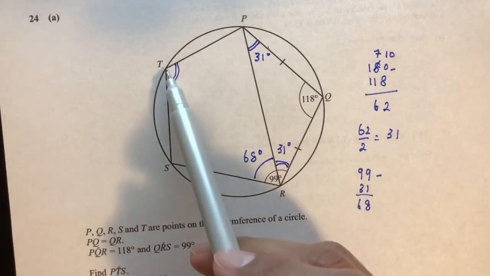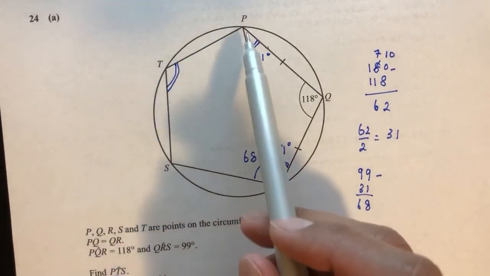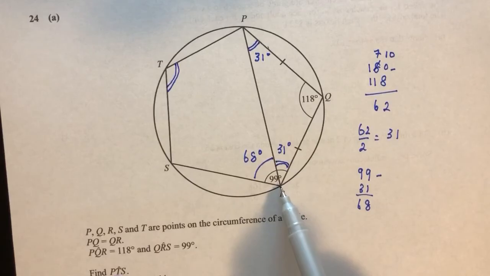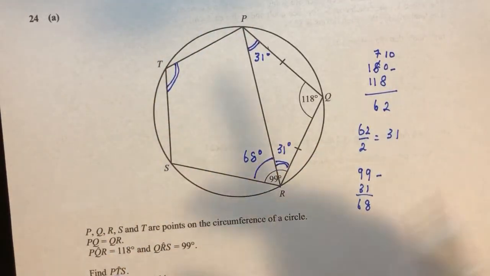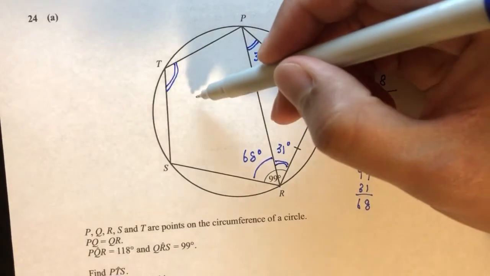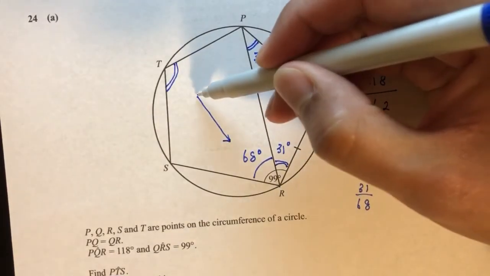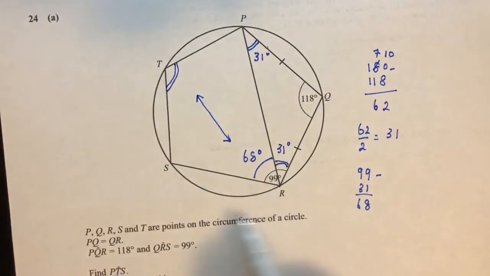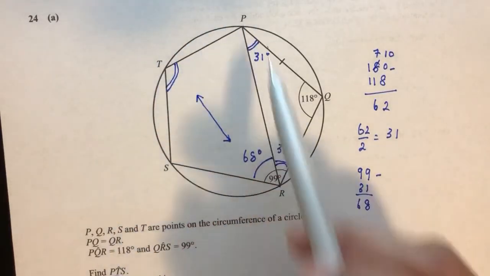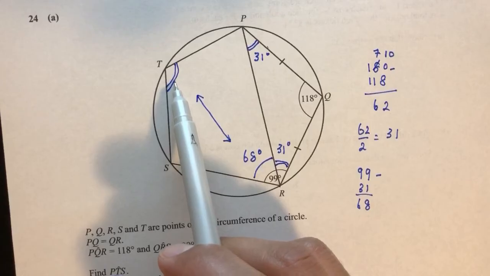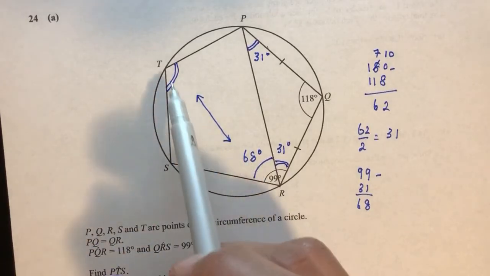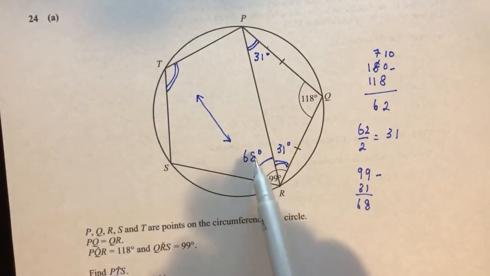TPRS is a quadrilateral inside of the circle and all the points touch the circumference. So we can use a property which says that angles which are opposite to each other in this shape, quadrilateral, they add up to 180. So this angle plus this angle is 180. So this angle will be 180 minus this.